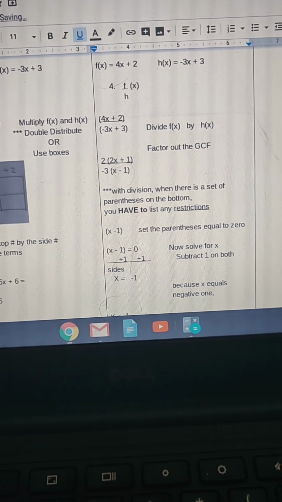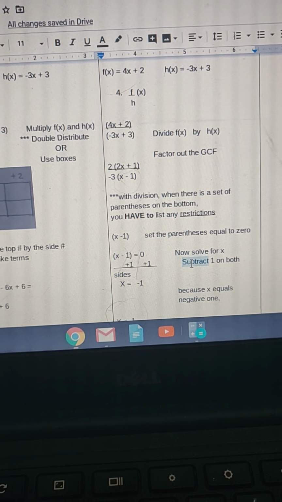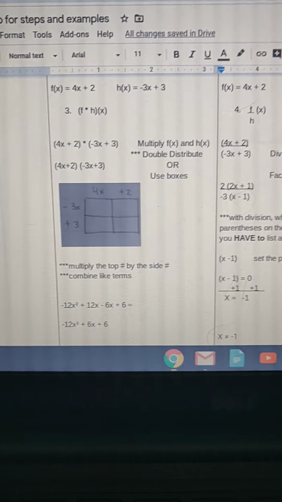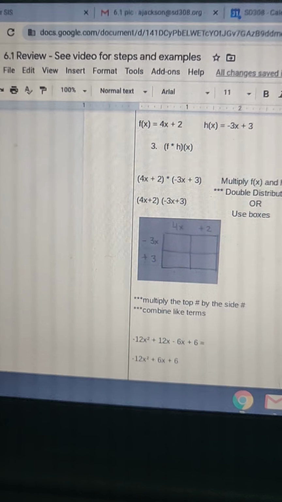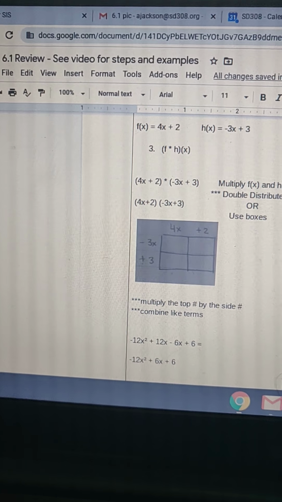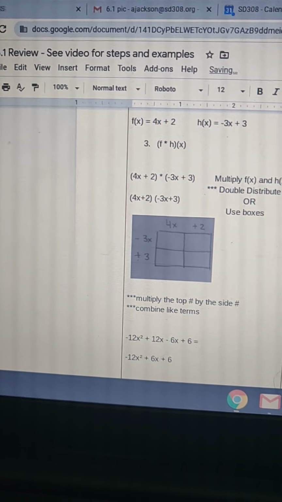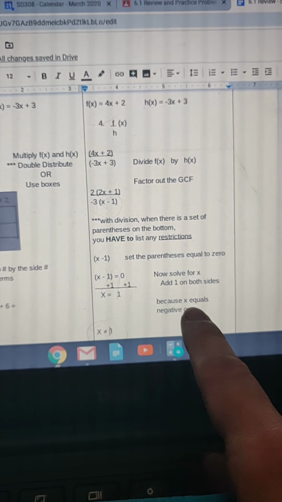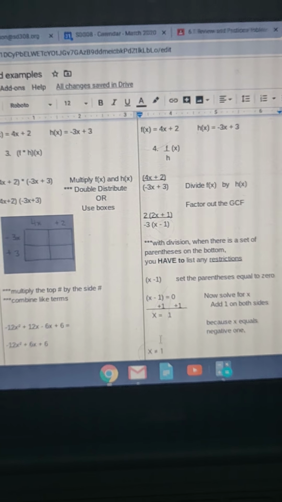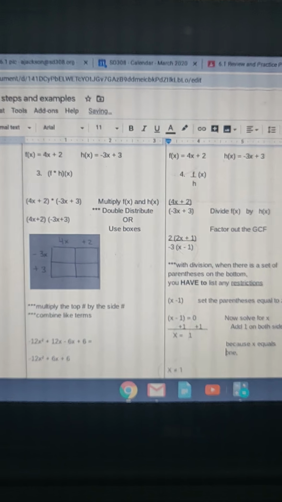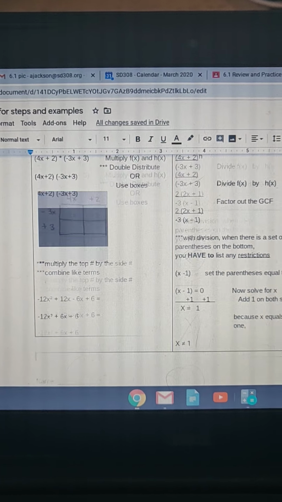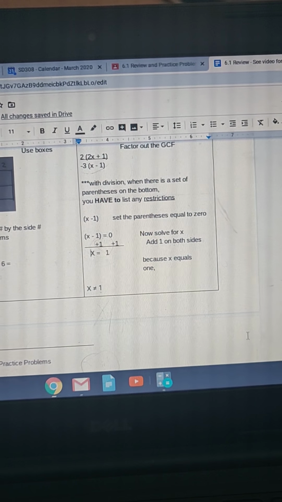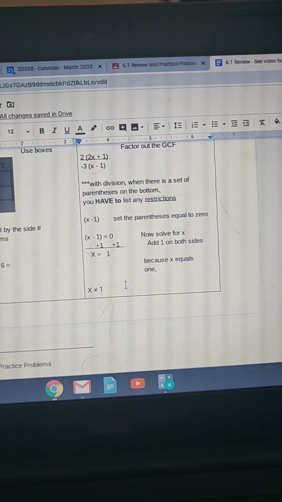So now solve. Here, it would say add 1 on both sides, and when we do that, we've got a +1 and +1 down here. Oops, sorry, you guys weren't even looking at the screen. So because x equals +1, x cannot equal +1.